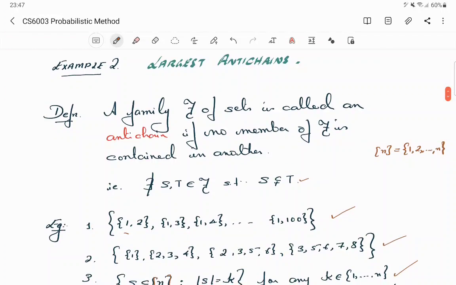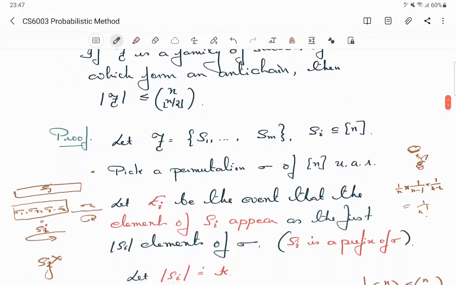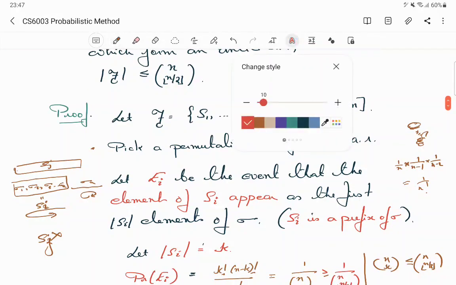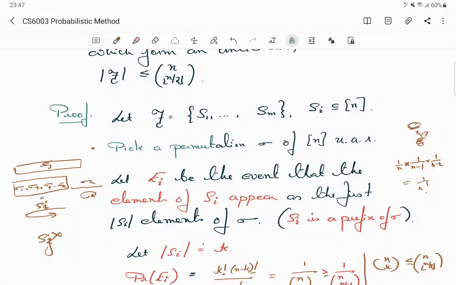But here somehow this step, picking a permutation uniformly at random, seems to have come out of the blue. It seems to have come out of nowhere. So in that sense there is a kind of magic about this step, right?